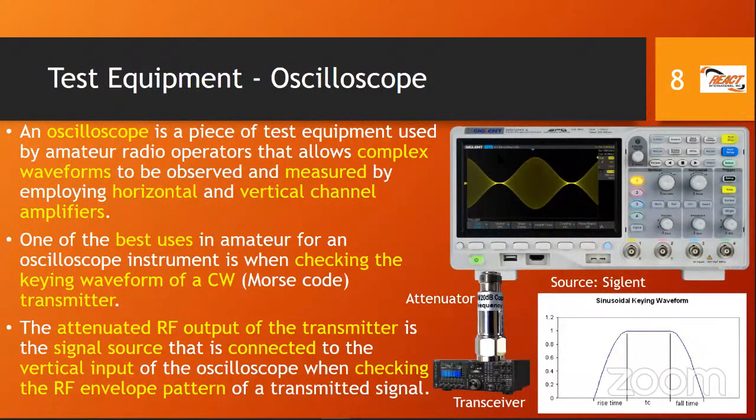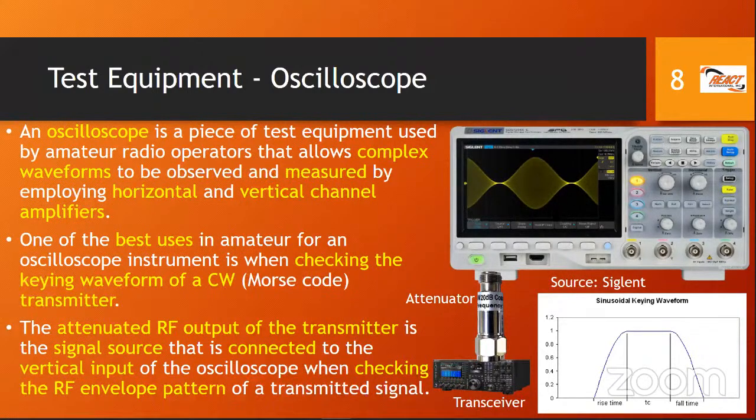And you can take measurements as well, because the graticule is actually calibrated and you can see what the value is by looking: okay, this is the peak of this waveform, and you know what that value is from its calibration, and you can say, okay, that's the voltage. You can take measurements very accurately also.